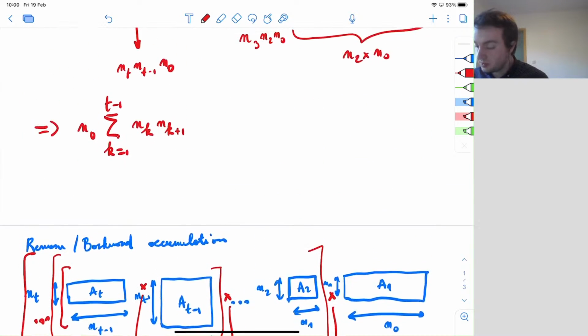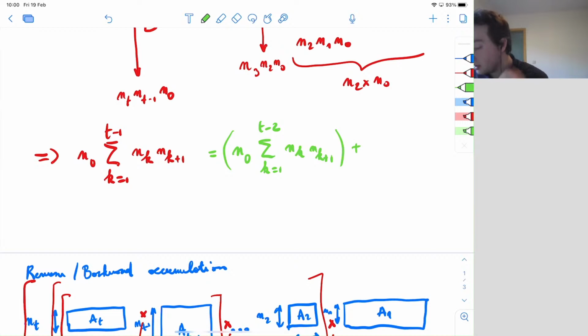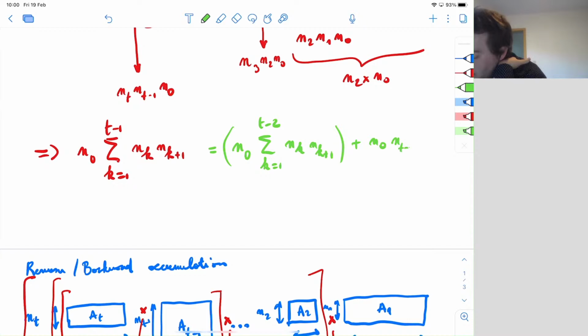And now what we can do is to also rewrite this. I would rewrite it in this way. It's the same, except that I go only up to t minus 2, plus nk times nk plus 1, plus the one that I've just omitted, which is n0 times nt minus 1 times nt.